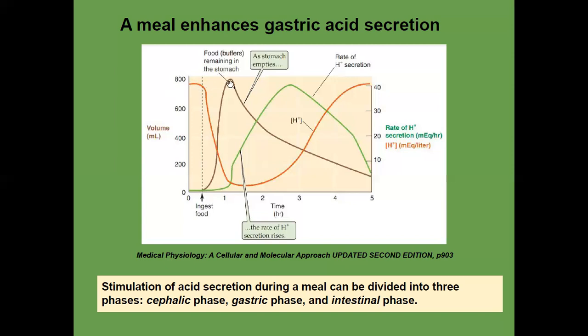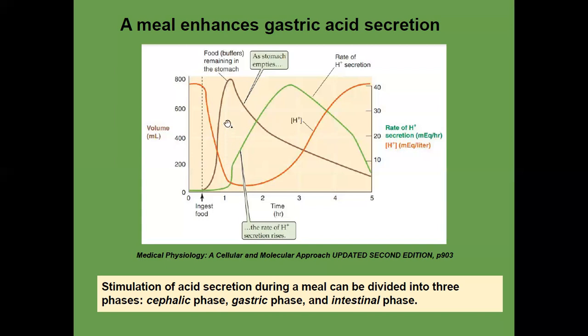After you eat a little bit of food or a lot of food, this is the food content in your stomach. In this case, there are about 800 milliliters of food. Remember, usually the food has very strong buffer capacity to decrease the concentration of the hydrogen ion.